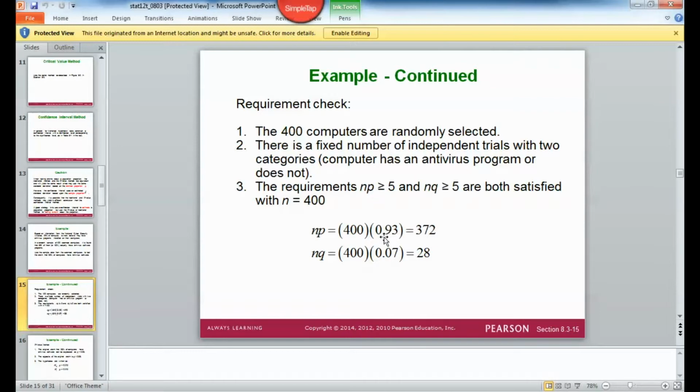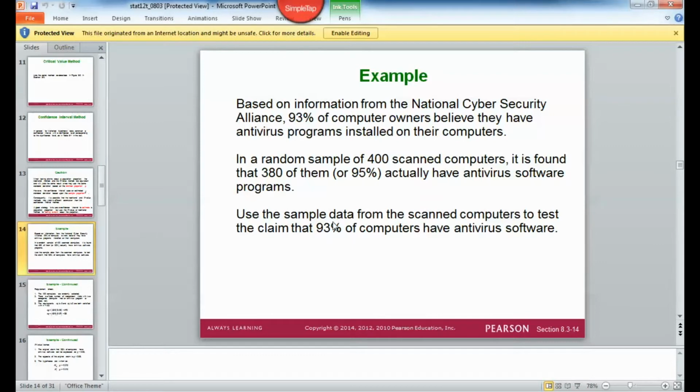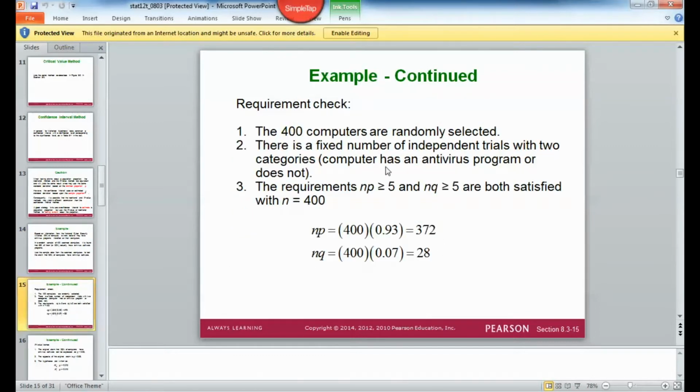The claim was that 93% of computers have the software, and so that makes our p, our population proportion, 0.93. That makes q 0.07, because 1 minus p is equal to q. You need to find n times p and n times q and make sure they're both greater than or equal to 5. And you see they are.